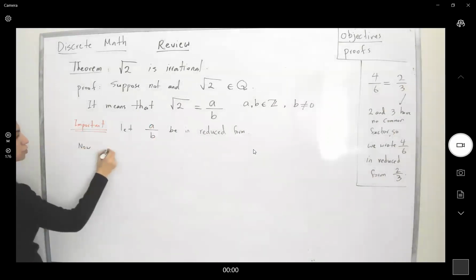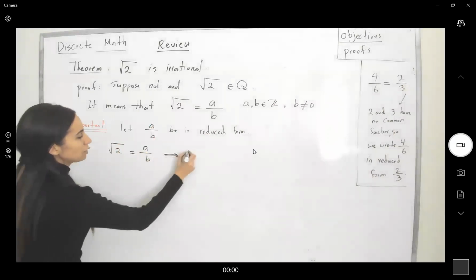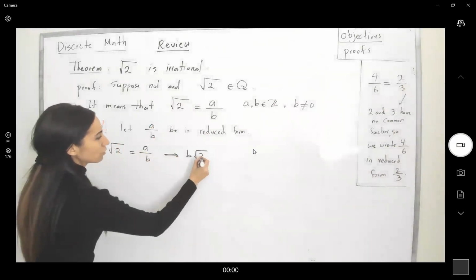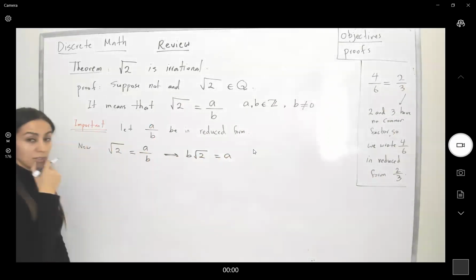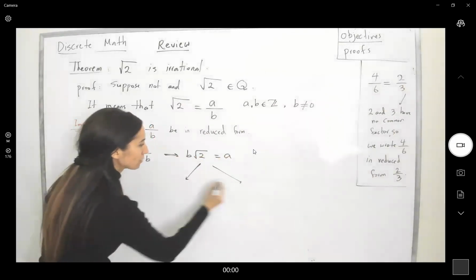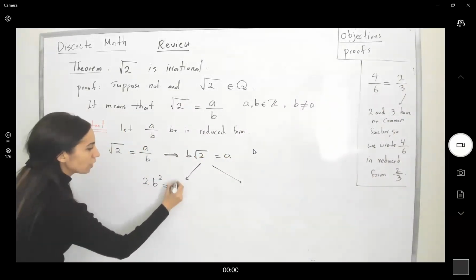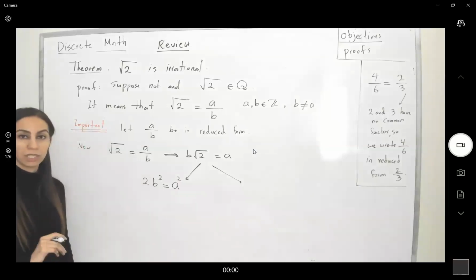Now, square root of 2 is equal to a/b. It means that b times square root of 2 is equal to a. Okay, this is important. Now I'm going to square both sides. 2b squared is equal to a squared. What's the meaning of that?